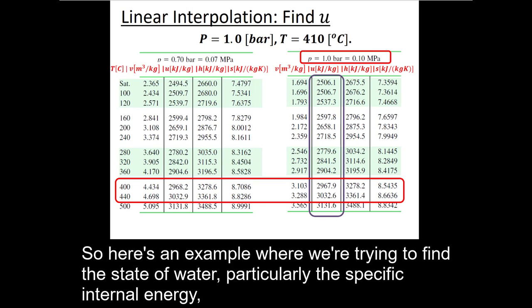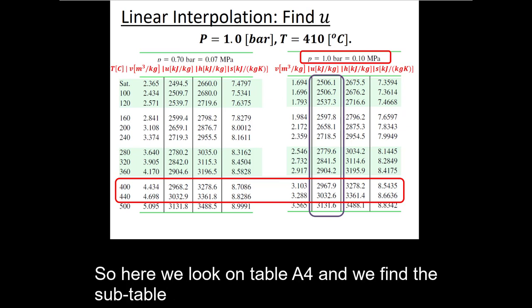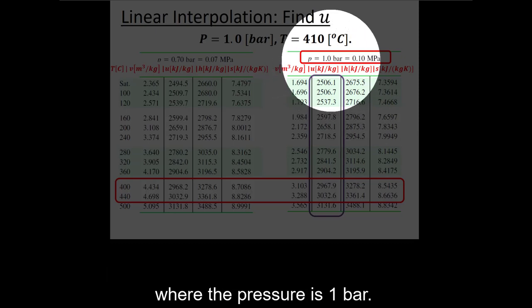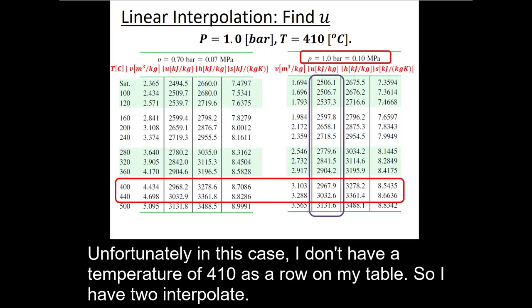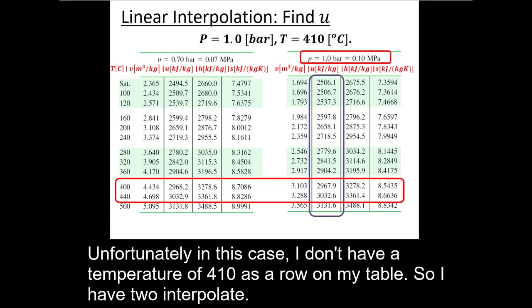So here's an example where we're trying to find the state of water, particularly the specific internal energy when the pressure is 1 bar and the temperature is 410 degrees. So here we look on table A4 and we find the subtable where the pressure is 1 bar. Unfortunately, in this case, I don't have a temperature of 410 as a row on my table, so I have to interpolate.